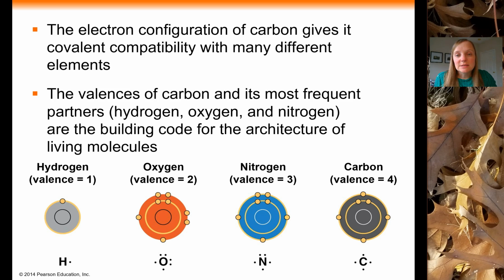And this makes a lot of sense that these are going to be the most frequent binding partners for carbon based on their electron distribution, and therefore, it also makes sense that our bodies and living organisms are made primarily of those 4 elements, as we discussed earlier in chapter 2, right? Our bodies are 96% made out of hydrogen, oxygen, nitrogen, and carbon, simply because we're made out of carbon-based molecules, and nitrogen, oxygen, and hydrogen are the favorite binding partners for carbon.